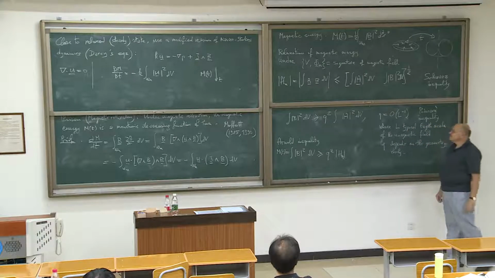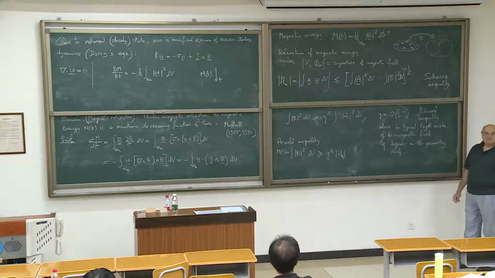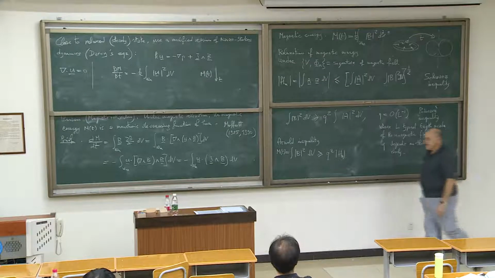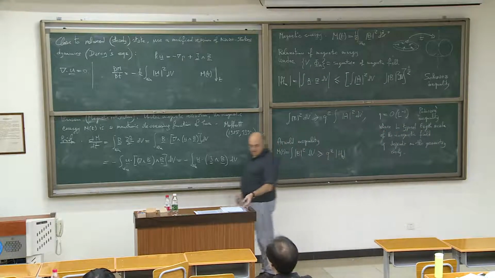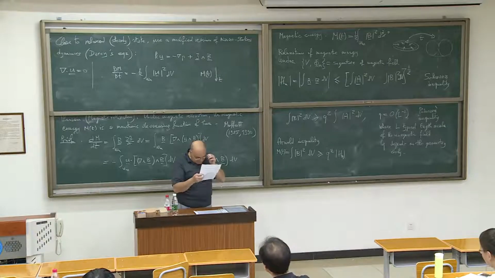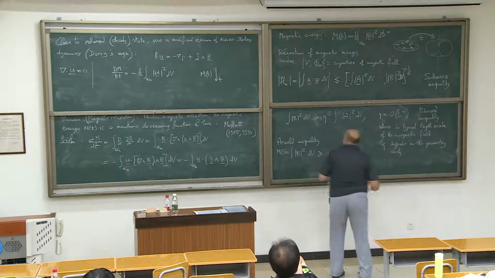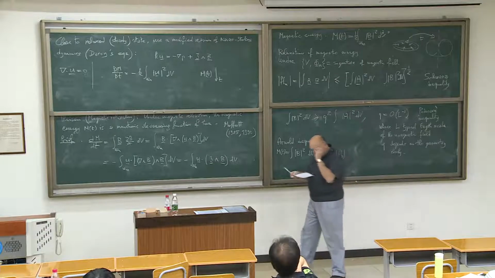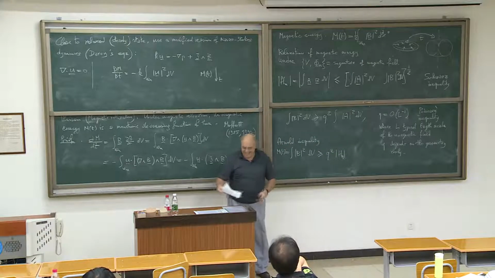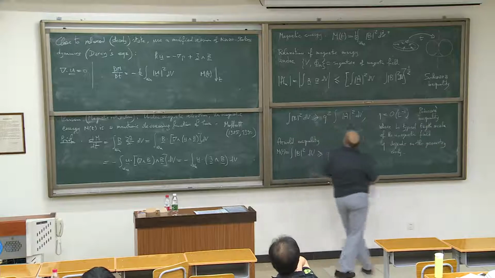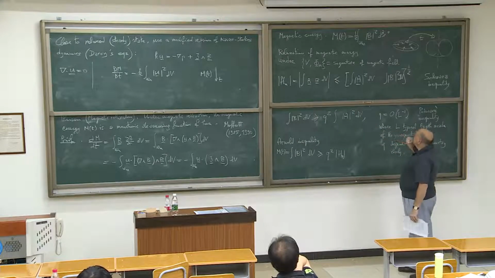If you write it the other way, A is greater than B squared multiplied by something, I will be happier, but I still don't understand why. Maybe there is a possibility of some mistakes in my notes. But let's see.